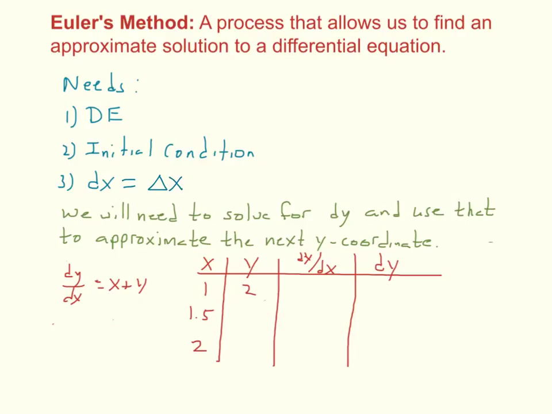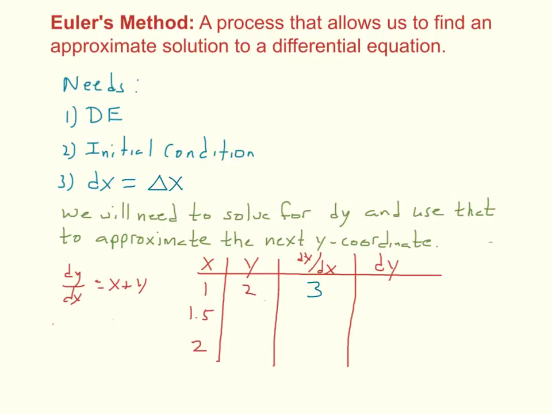For example, on this problem, I notice that my initial condition is, when x is 1, y is 2. It's already given to us in the table. And I know dy/dx is x plus y. So I can calculate dy/dx, which in this case is going to be 3.